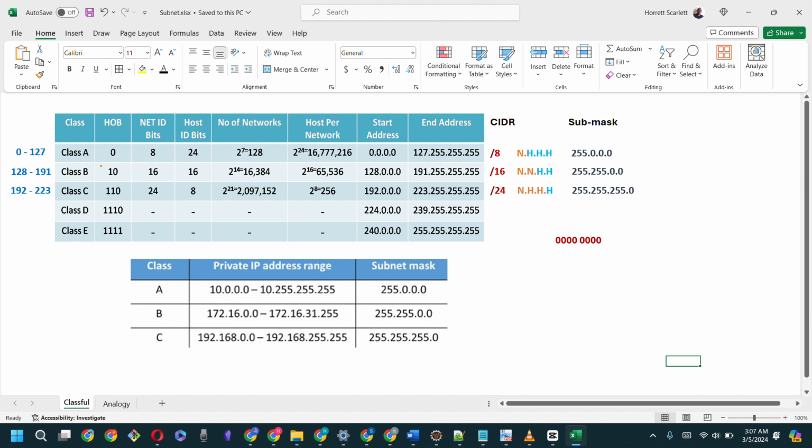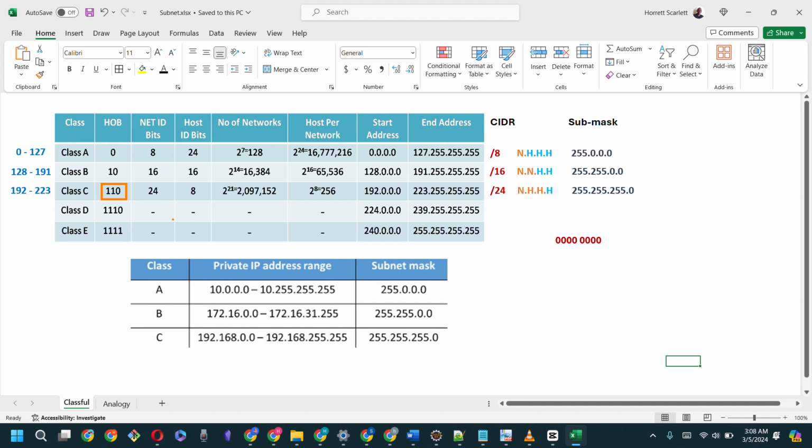For class B, we are setting 2 higher order bits, and that is being set to 1 and then a 0. And for class C, we are setting 3 bits, and those 3 bits are now going to be 1, 1, and 0. So these patterns are going to be standard for class A, class B, and class C addresses.